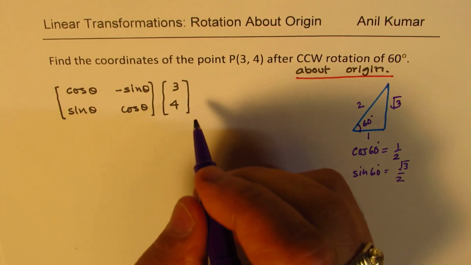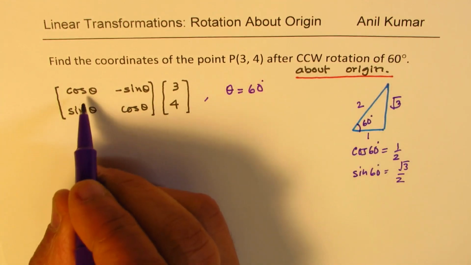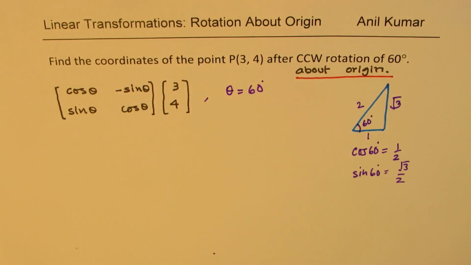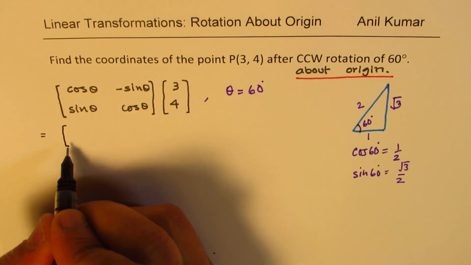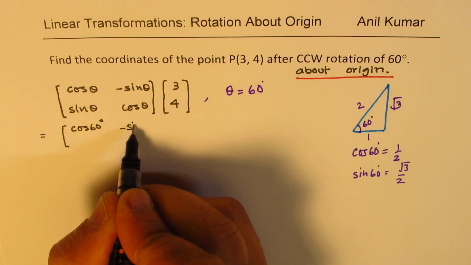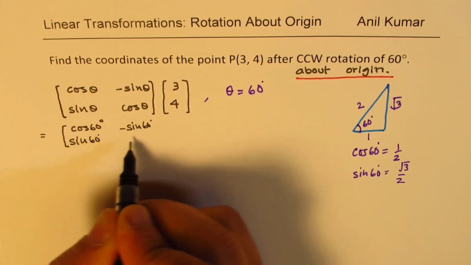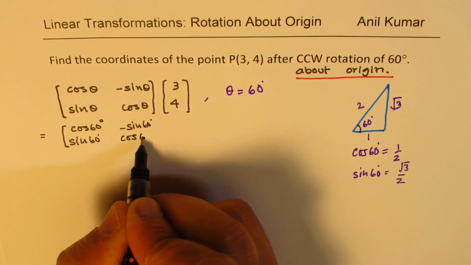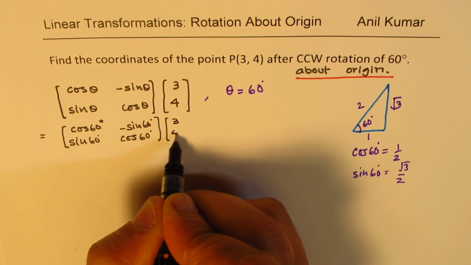Now since theta is 60 degrees, I'm going to replace it with its value and then we'll find the new points. So we can write this as [cos 60, minus sine 60; sine 60, cos 60] applied to the point (3, 4).